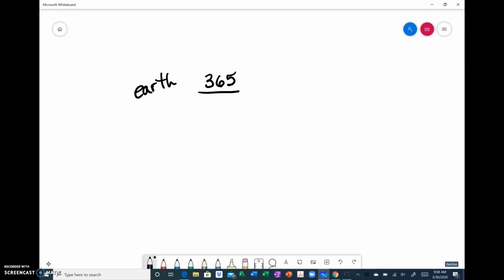So looking back on page 369 in the book, it tells us the number of revolution. The period is 88 days, and we are talking about Mercury, so I'm going to set my ratio up so I know which number goes on top and which one goes on bottom. All right, so I have that part of the equation.